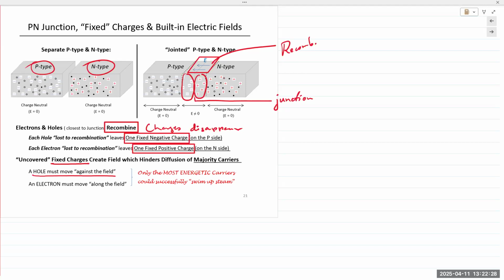One more thing before we take a pause. Right here, the electric field is not zero, it's not neutral, but there is no free moving charges in this region. Okay, so this region is known as the space charge region. Space charge region.